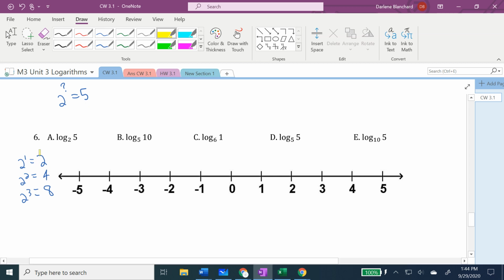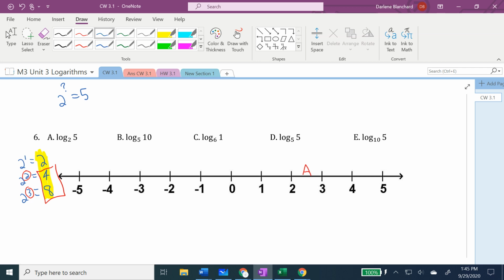Where does 5 lie between? 5 is between 4 and 8. That means that the logarithm is between 2 and 3. I don't need you to know where between 2 and 3, just that it is between 2 and 3.